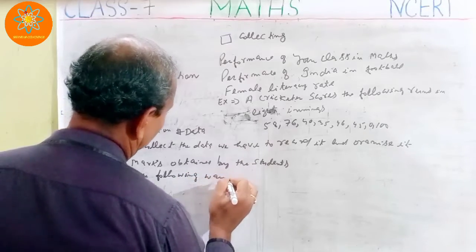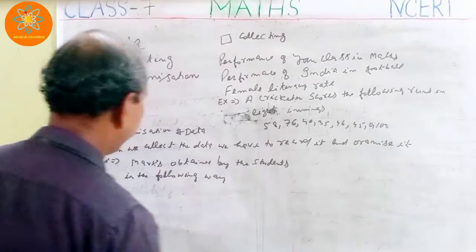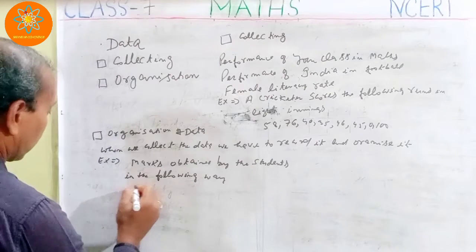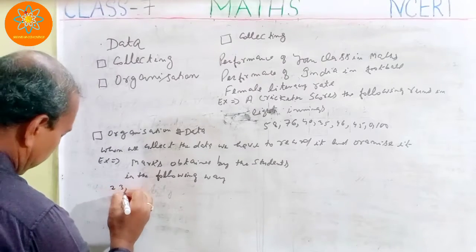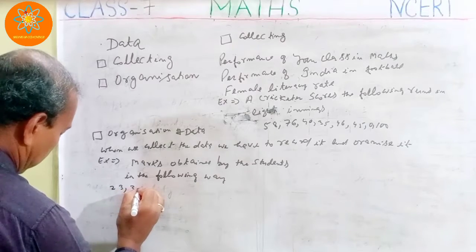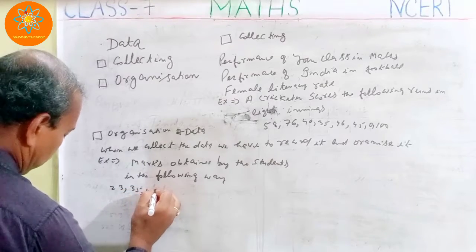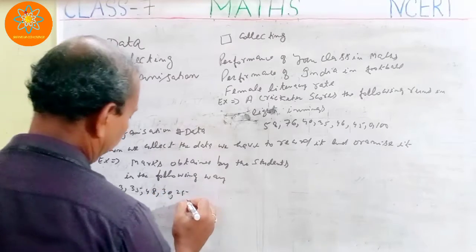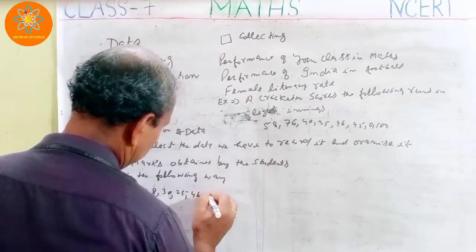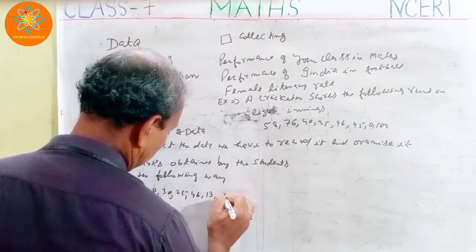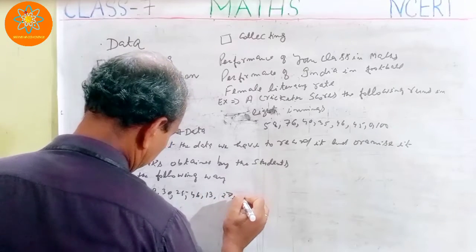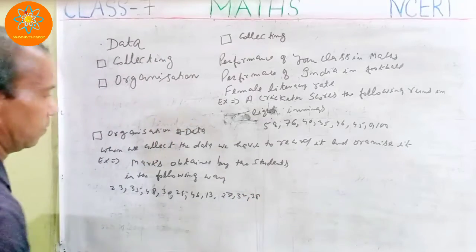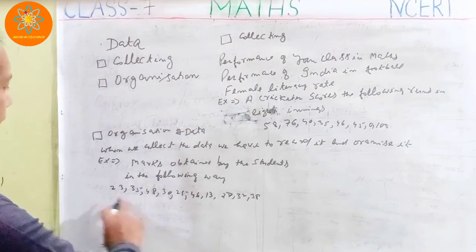Again, I am collecting the data. Let's suppose it is given 23, 35, 48, 30, 25, 46, 13, 27, 32 and 38. So we had collected the data.